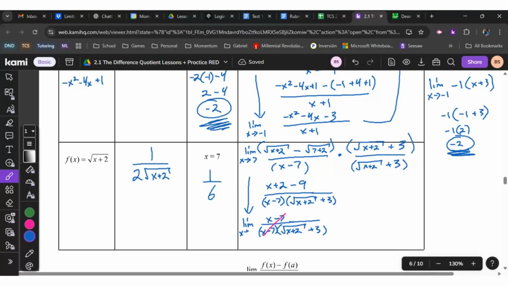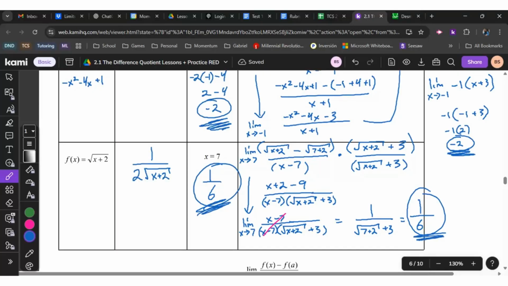And now that I've gotten rid of the problem, can I just plug in 7? So I'm going to get 1 over the square root of 7 plus 2 plus 3, which is 1 over square root of 9 is 3 plus 3. Hey, look, samesies.